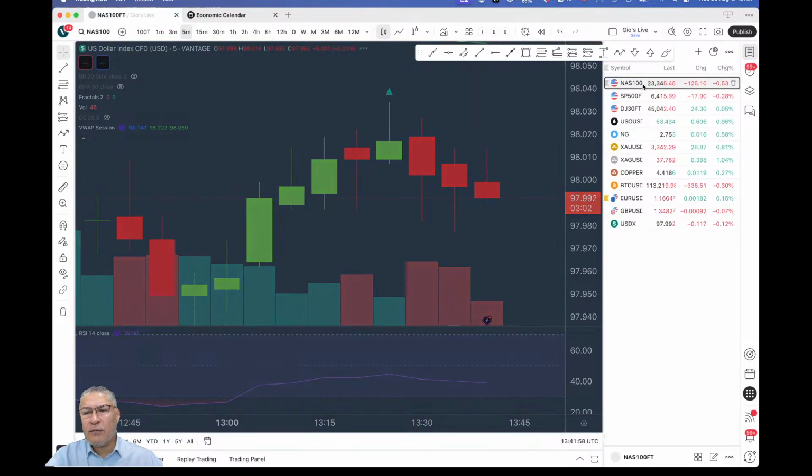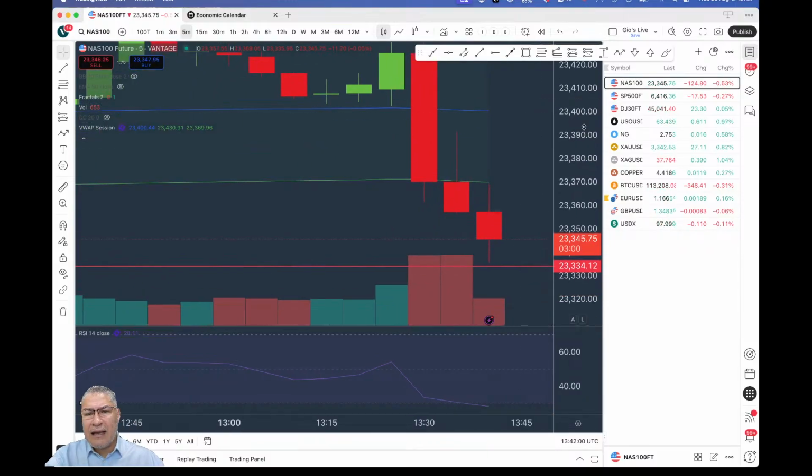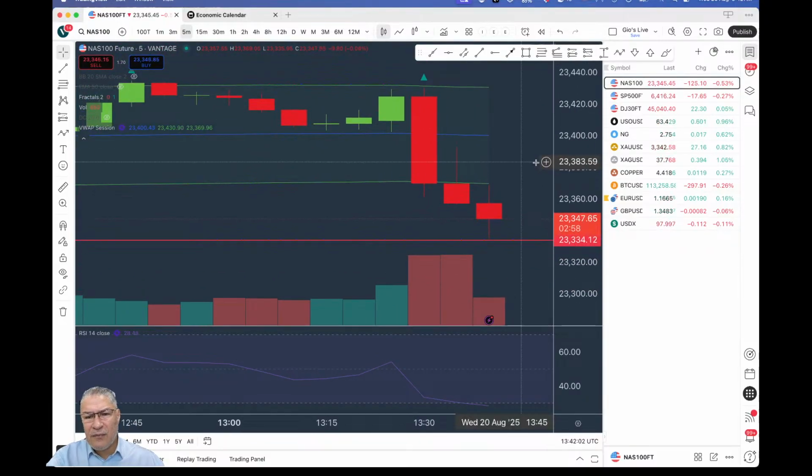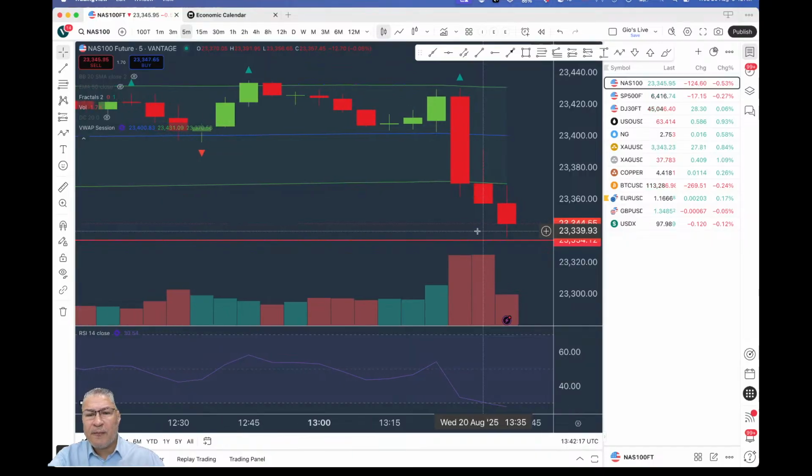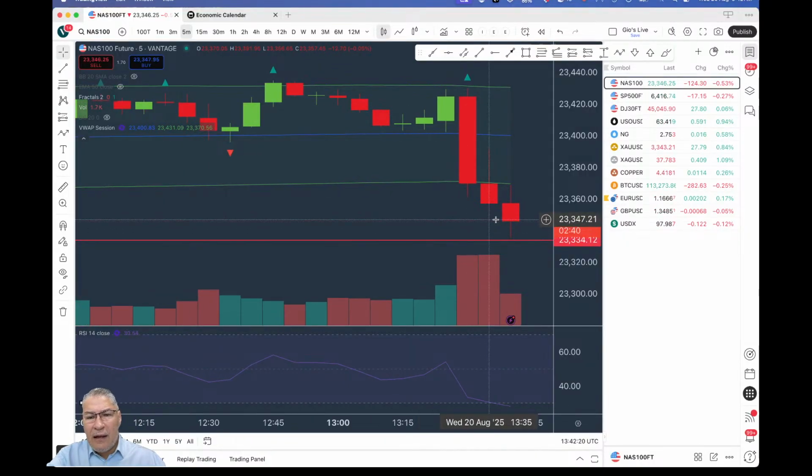All right, let's go take a look at the assets, the indices. All right, so the Nasdaq is fluctuating lower, looking to find support at that level. Now, is it going to find support? Are we going to see a continuation to the downside, or is this just a red market today?